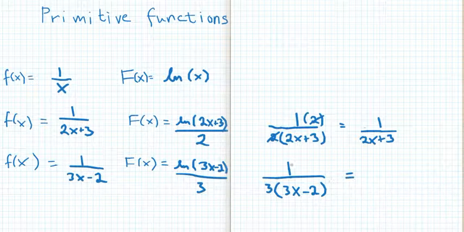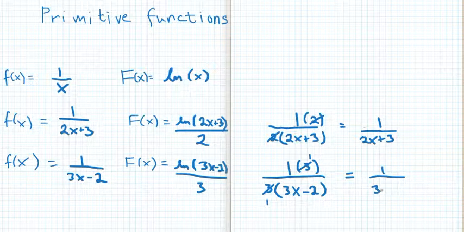So the inner derivative of 3x minus 2 is going to be 3. Now we have a factor 3 up in the numerator and a factor 3 down in the denominator, so we're just going to cross them out. And we are left with 1 over 3x minus 2. That's the function we can see here.